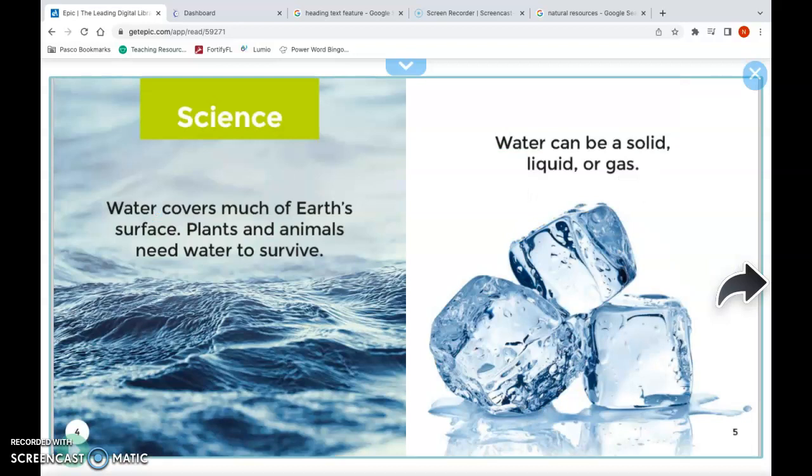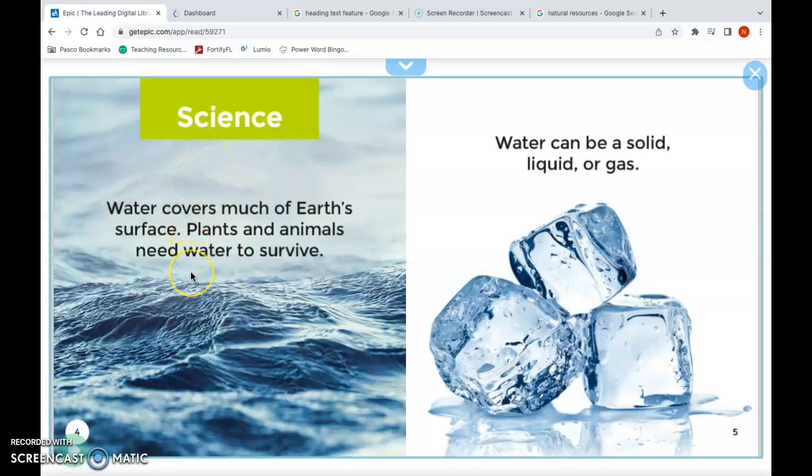Now look at this page. I see up here this word science in this green box. Now friends, this is the heading of this text right here and of this text over here. So this is our heading, science.